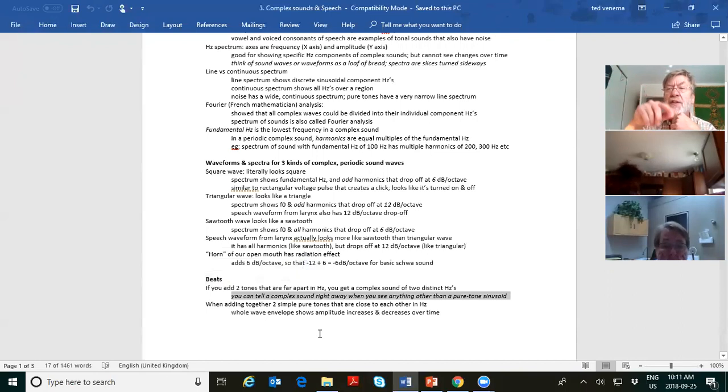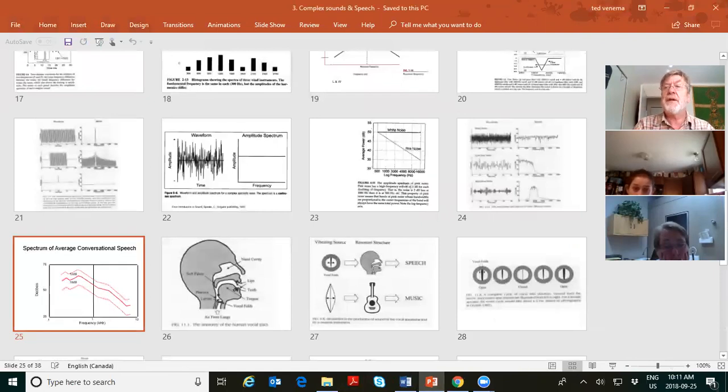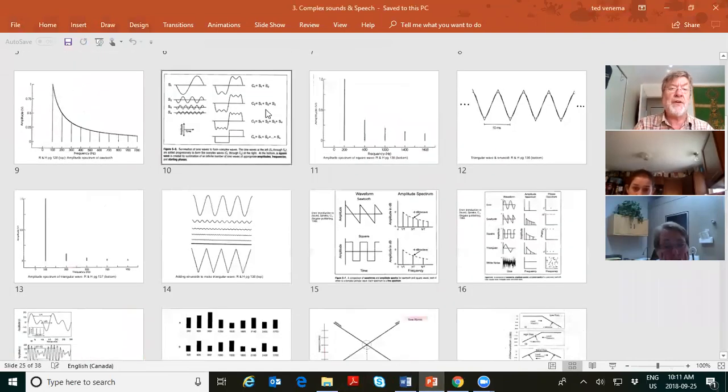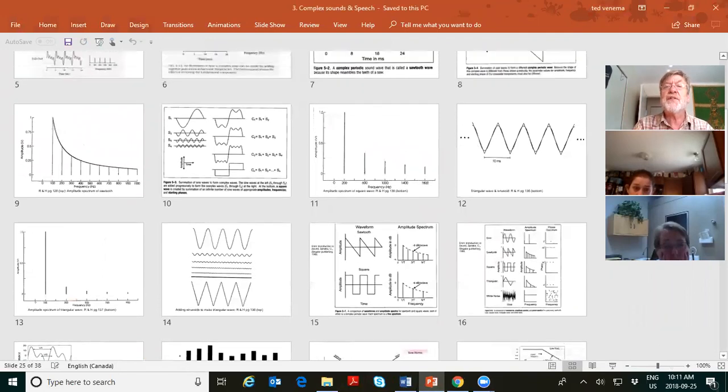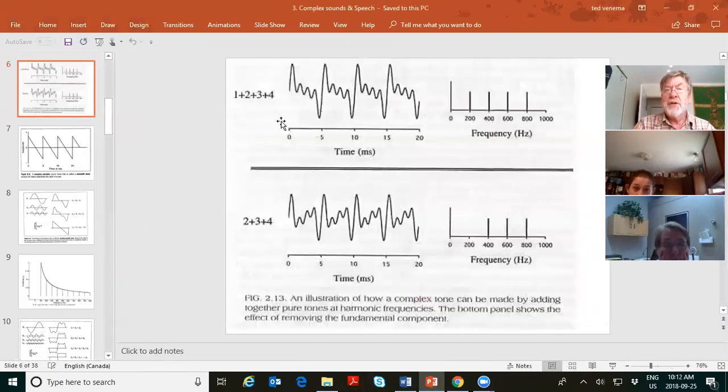If you see any wave that's starting to look jagged or bumpy, even if it repeats over time, you know it's a complex sound. For example, let's go to this tone here.